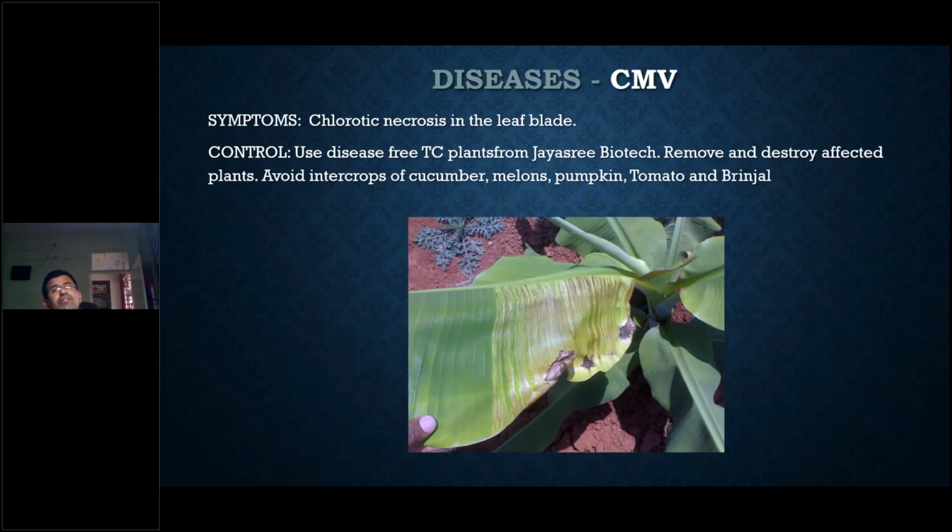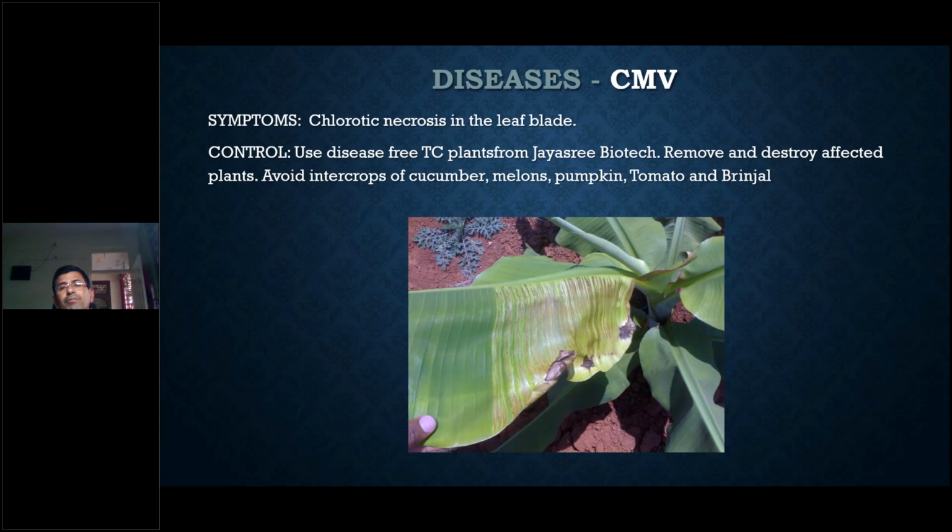And cucumber mosaic virus, generally this disease is easily eliminated if you buy plants from certified labs. It is also easier to manage if you avoid intercrops like cucumber, watermelon, muskmelon, pumpkin, tomato, and brinjal.